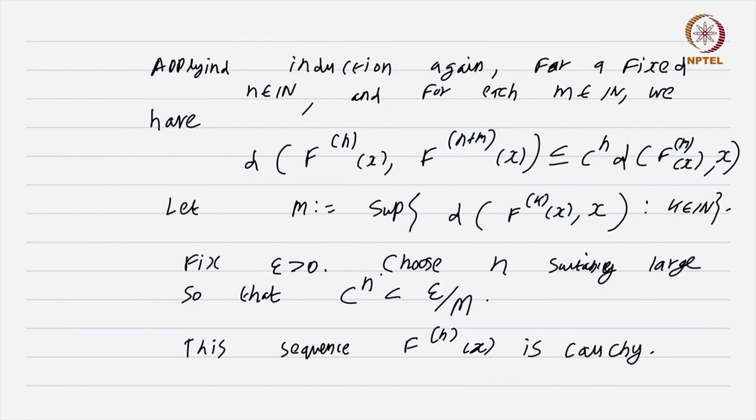So let x naught be the limit of this sequence. This is the crucial point at which we actually require the completeness of the space. So far in this proof, the completeness of the space was completely not needed. We are going to now show that this point is the required fixed point.